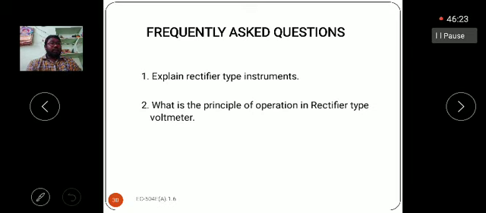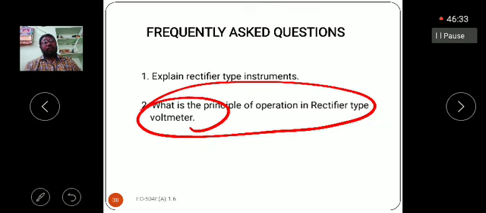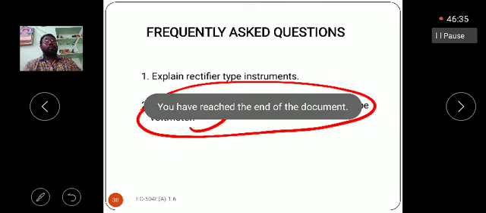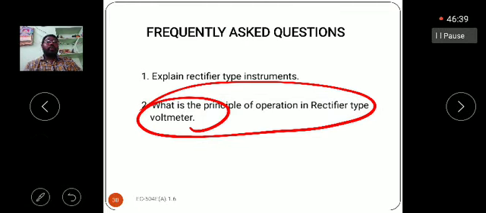They also ask individually: what is the principle and operation of a rectifier type voltmeter? There is also a chance of questions like what is the principle and operation of the full wave rectifier type voltmeter?